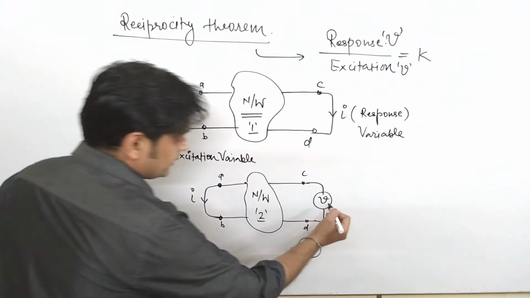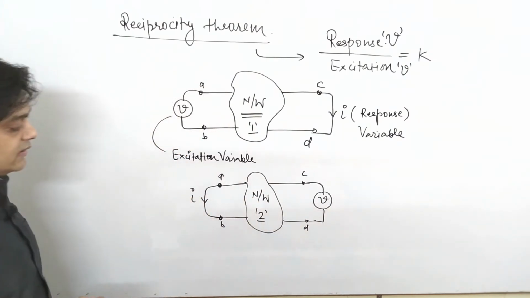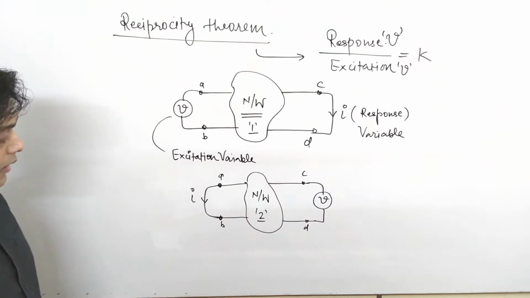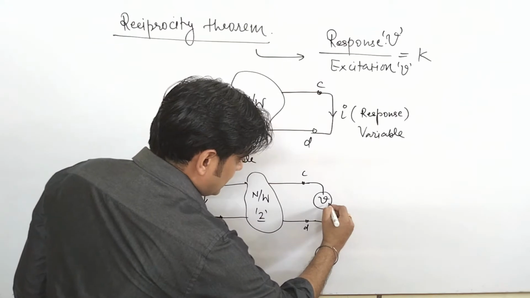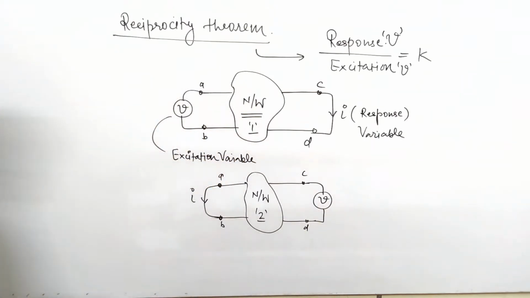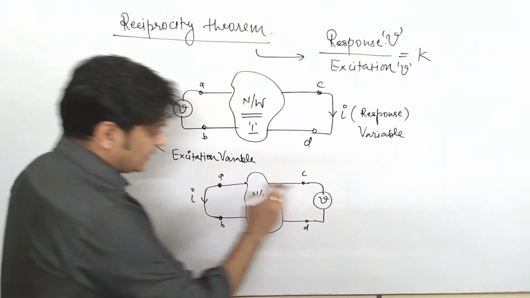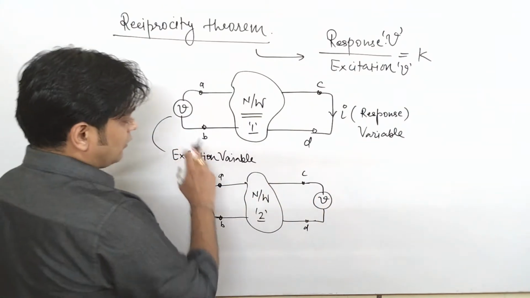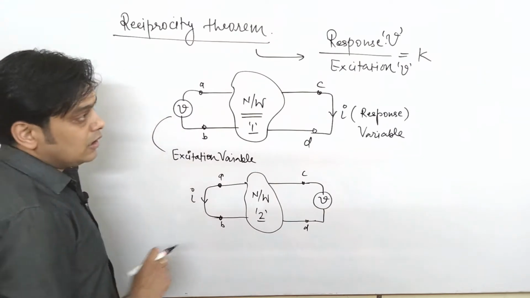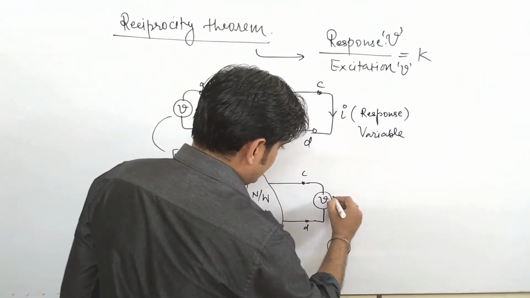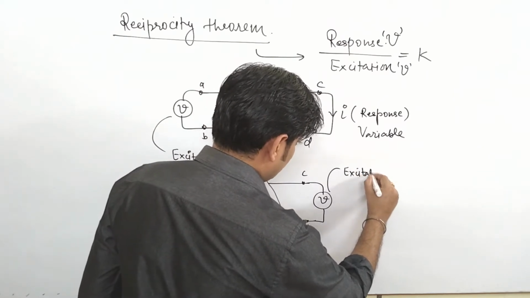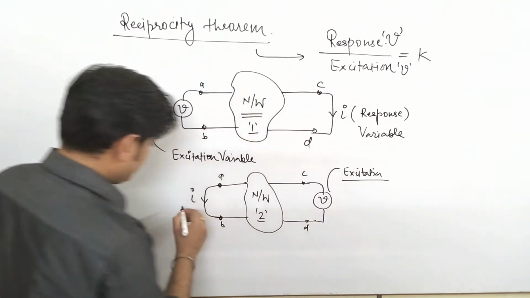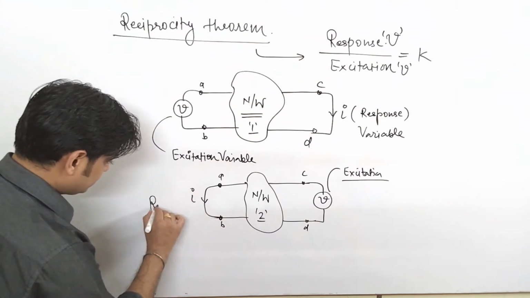So now this is your V, and now the current here is, again, I. So now again I have changed the position of V and I. Now this is your excitation and this is your response.